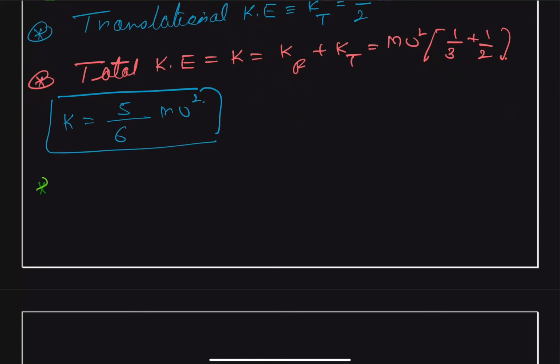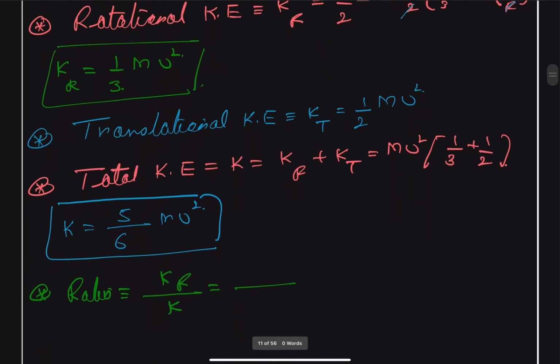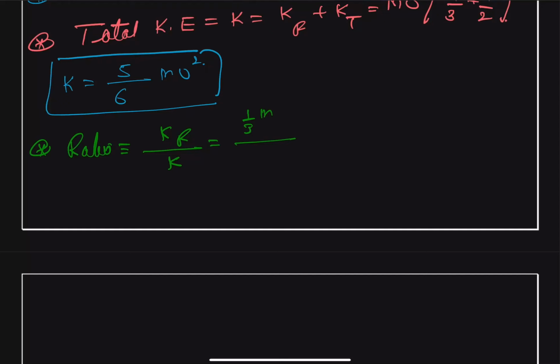So we can say our ratio is K rotational and total, and rotational is our 1 by 3 mv square, and total is our 5 by 6 mv square. mv square cancels out, and this comes as 1 by 3 multiplied by 6 by 5, and this 6 goes by 2, which is our 2 upon 5, and this is given as equal to x upon 5.